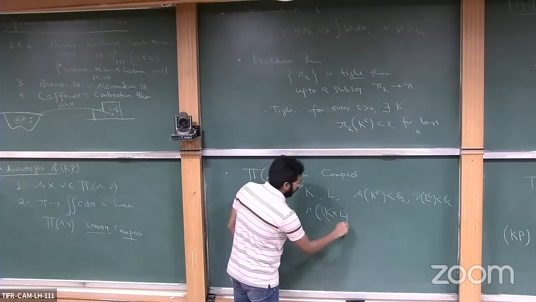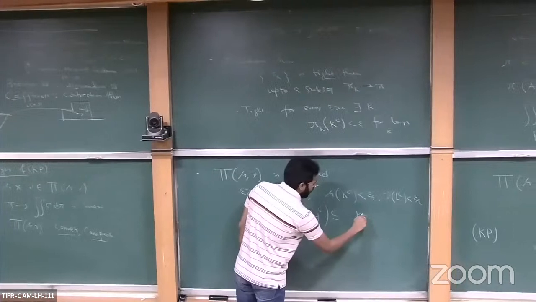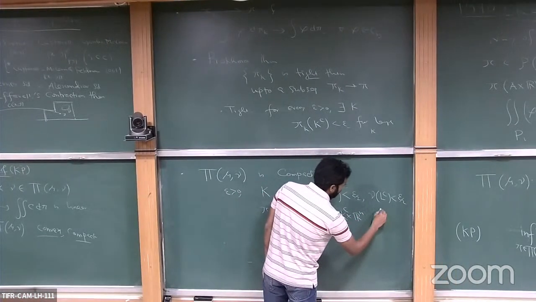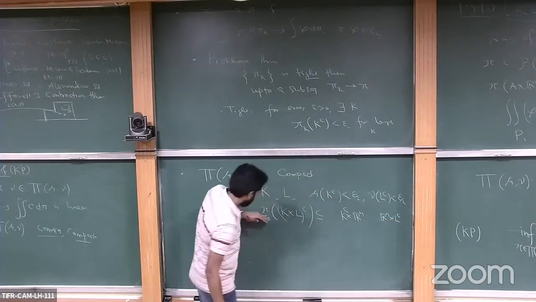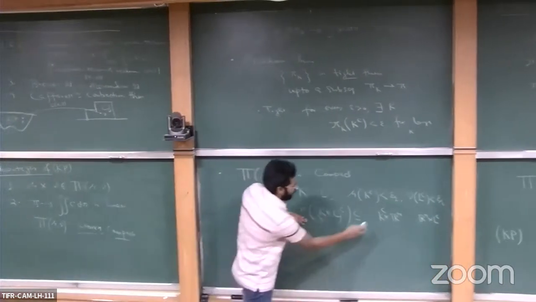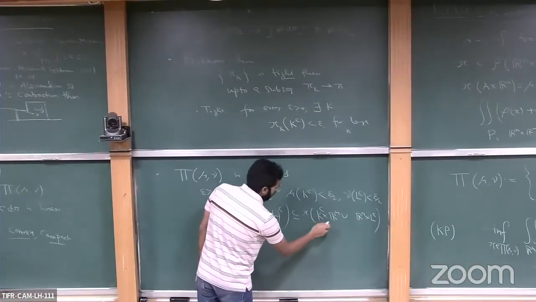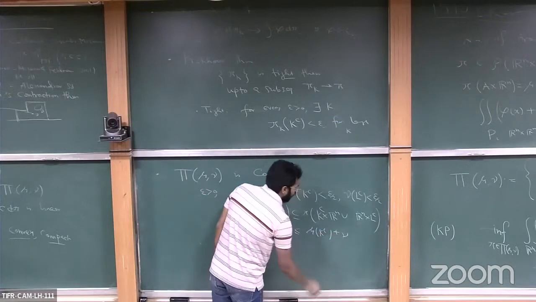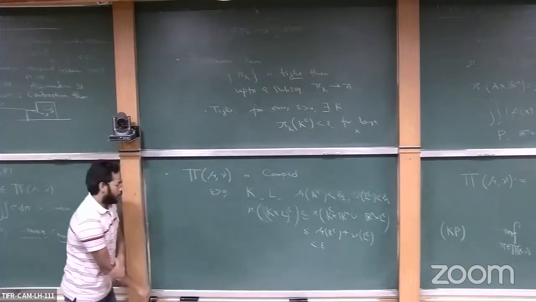Okay, so the complement is included in K complement cross Rn union Rn cross L complement. And if you consider some pi measure, then the first one gives you mu of K complement plus the second one gives you nu of L complement, which is very small.